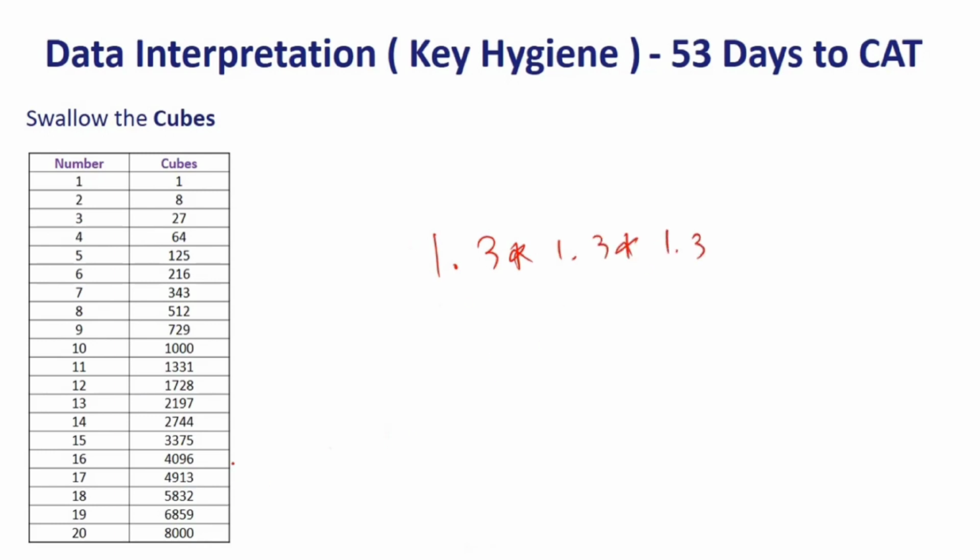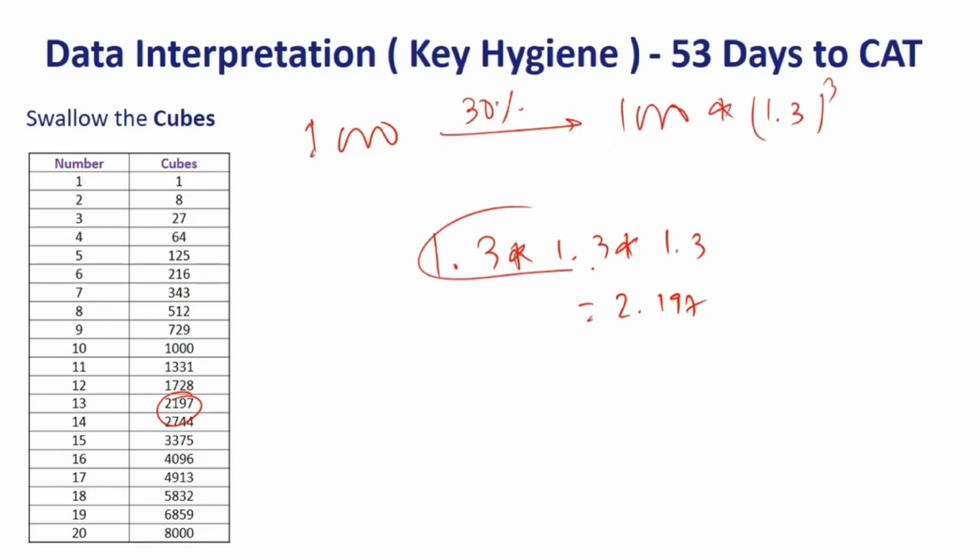If you know that this number is going to be 2.197, you can write it directly. For example, if you have 1000 rupees invested in compound interest at 30% for 3 years, what will be the amount? The amount will be 1000 into 1.3 raised to the power 3. So this is 2.197, just multiply.